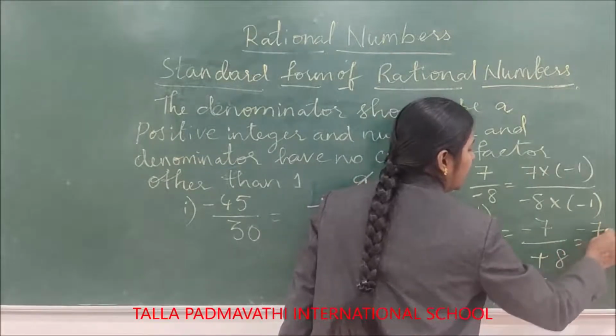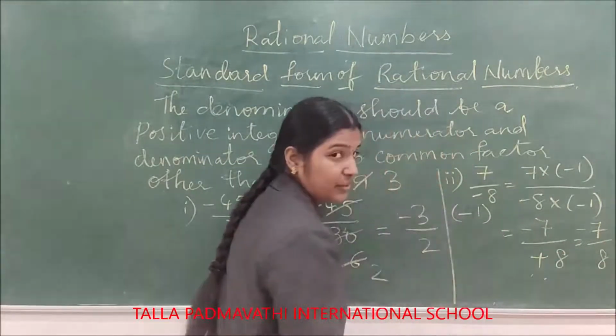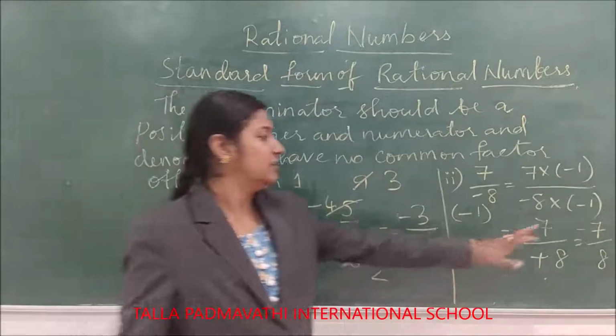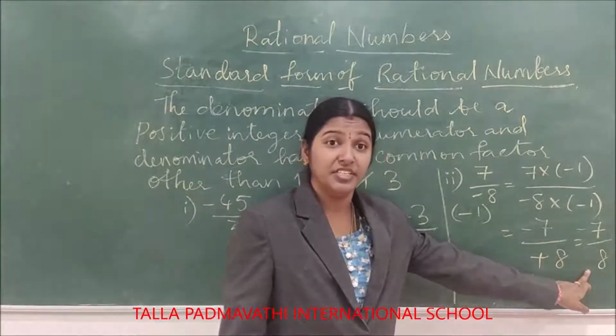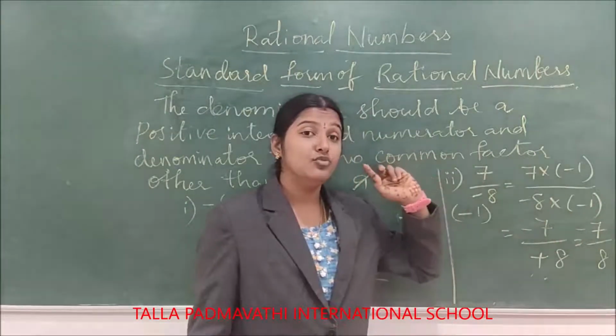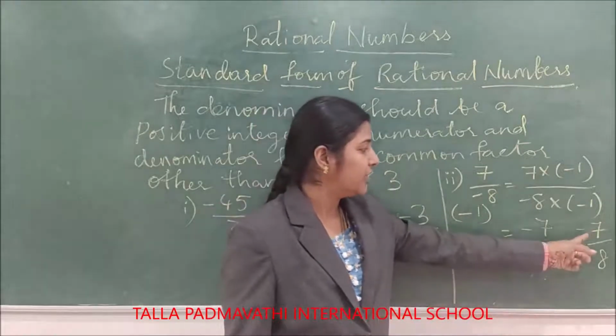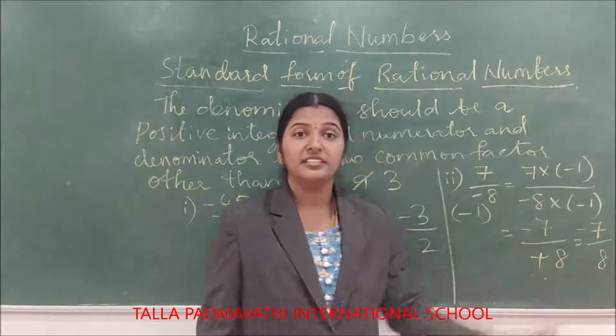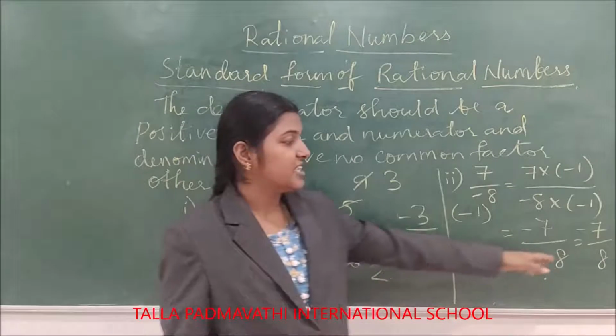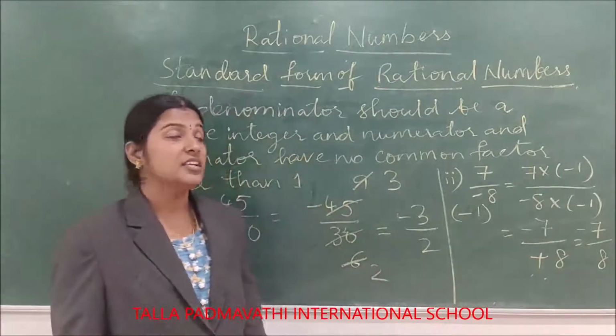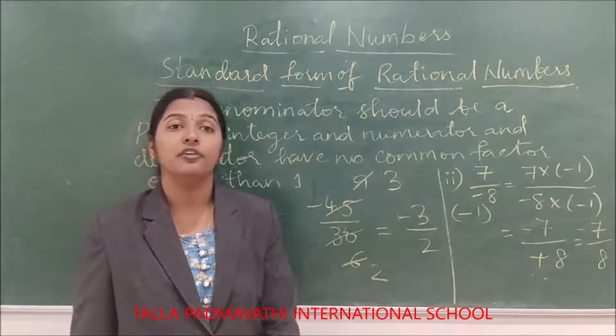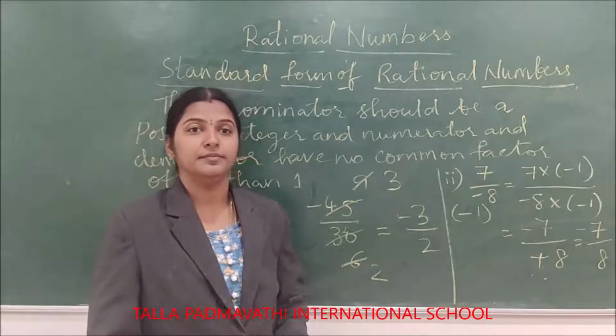Yes children, now you got minus 7 by 8. Now the denominator is a positive integer and there is no common factor between the numerator and denominator other than 1. So now you can say that minus 7 by 8 is a standard form of rational number.